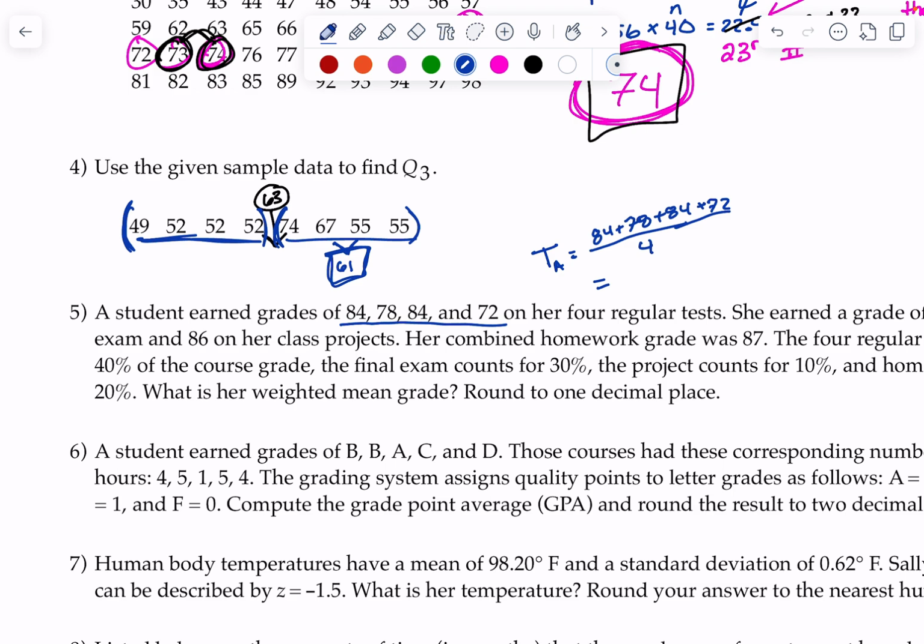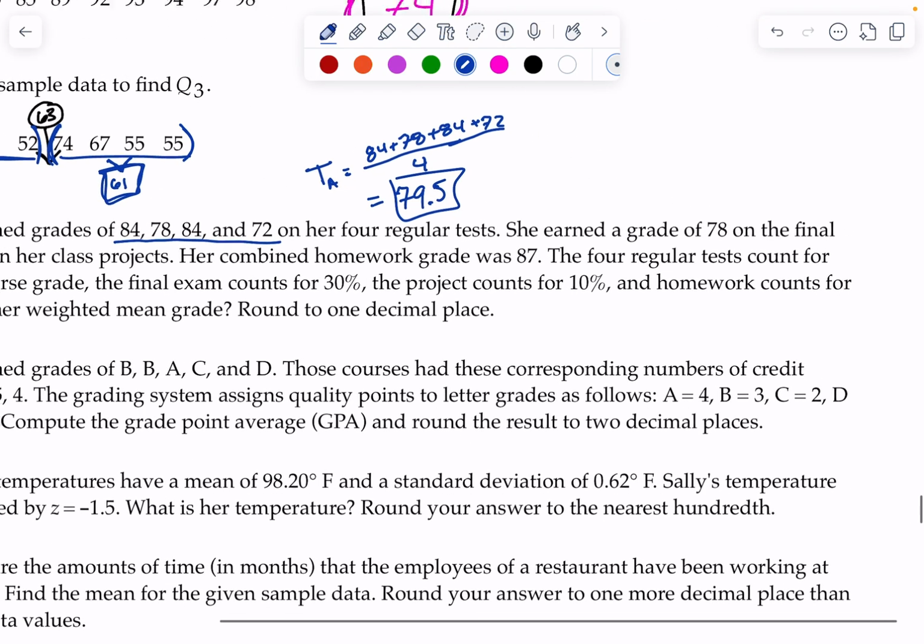84 plus 78 plus 84 plus 72, and I divide by 4, is 79.5. So that is my test average. All right, she earned a grade of 78 on the final.